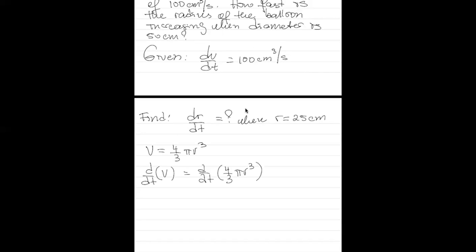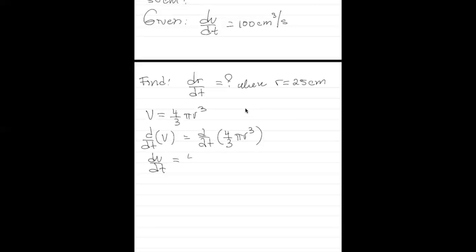So we have on the left side dV/dt, that's the rate of change of the volume, which is given. On the right side, we have a constant 4/3, and pi is a constant, so that's not a product rule. It's going to be the power rule for r to the third. r is the other variable, just like y.